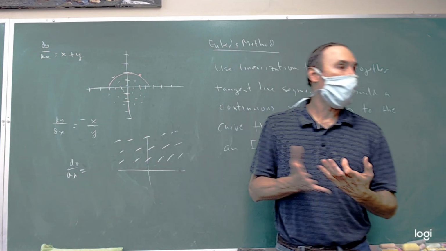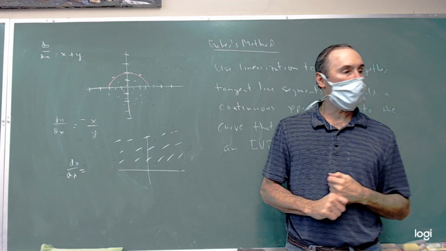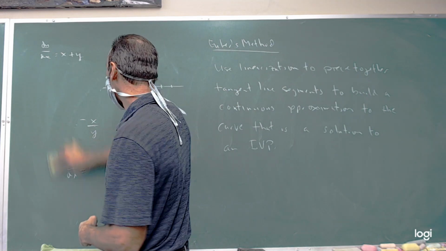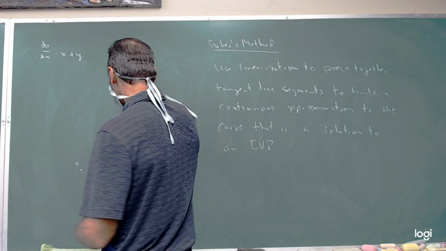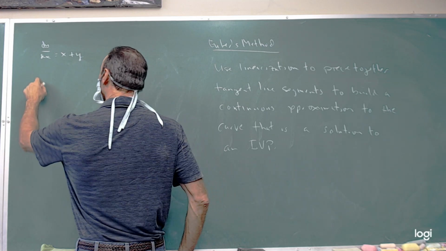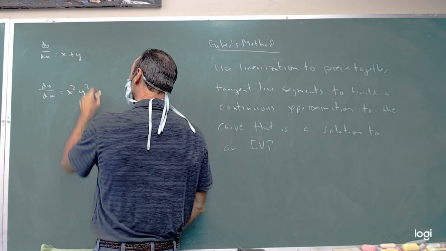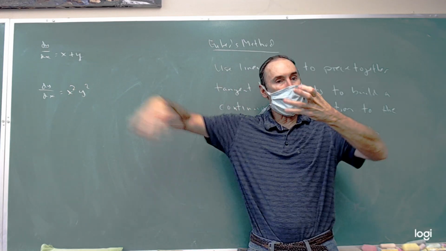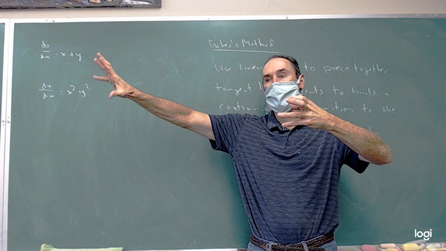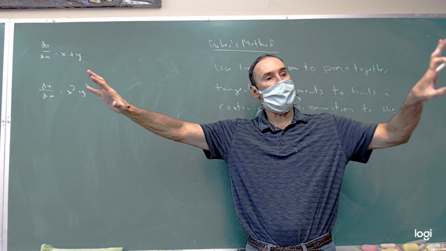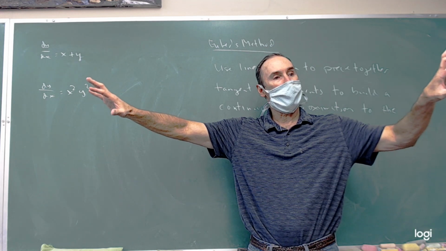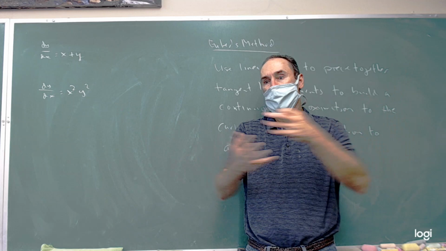So that is not a separable differential equation. Remember, separable differential equations are things like, say, dy/dx is equal to x squared y squared, where we can separate the y stuff times dy to one side and the x stuff times dx to the other side. This usually happens by multiplying or dividing.